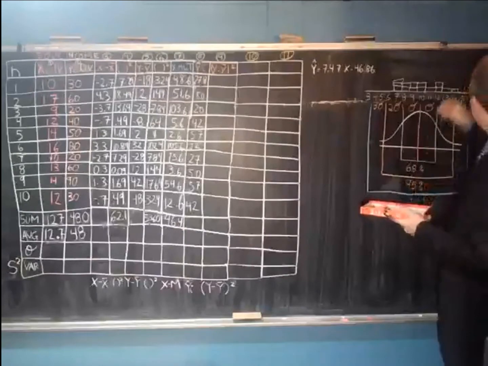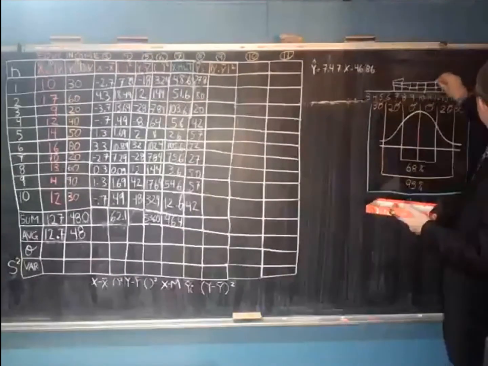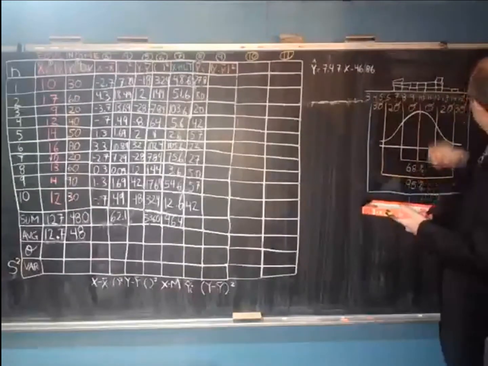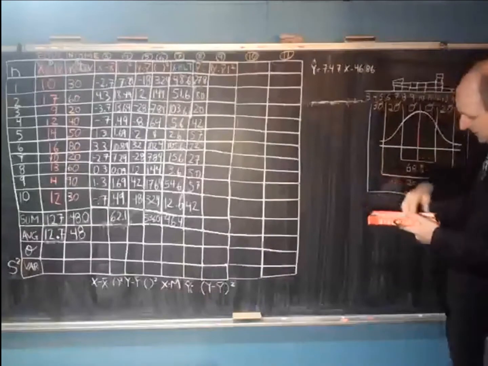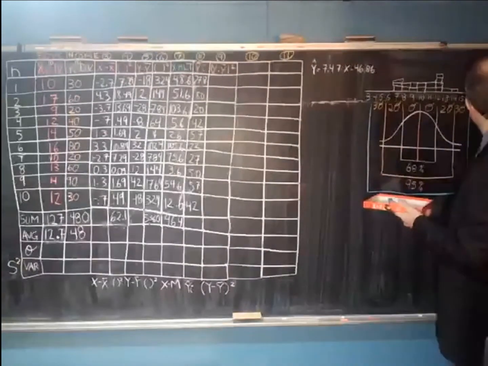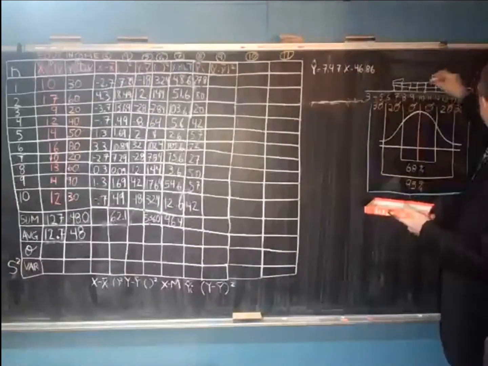Here is an 11. Here is a 12. And here is another 12. And here, oh, this is very rare. Here's a 16. Wow, all there on its own. And here's a 9.